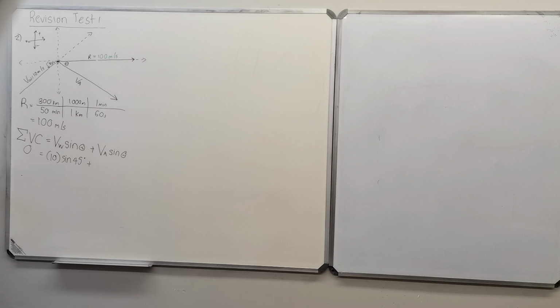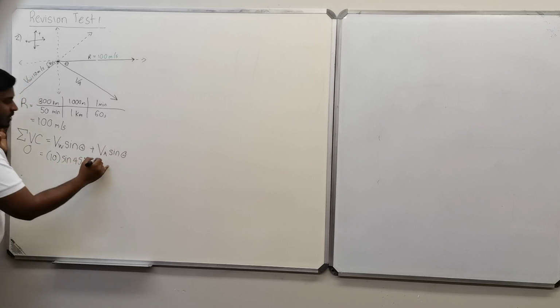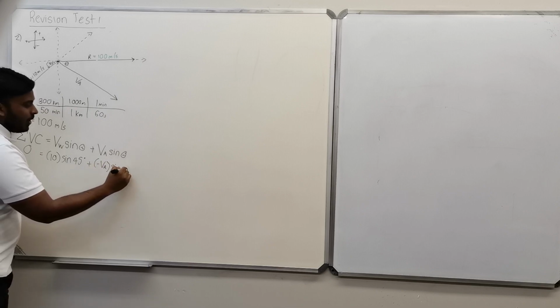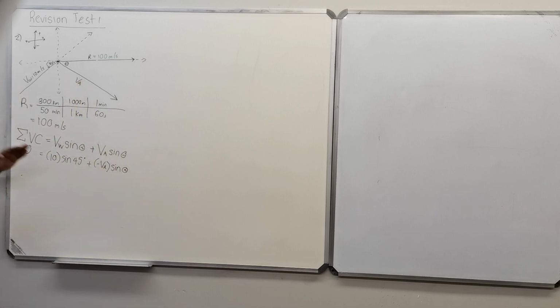Negative, because the line is moving down. So this would be negative VA sine of this angle. If I take this across, it becomes positive VA sine of the angle, which is equal to, what's this?